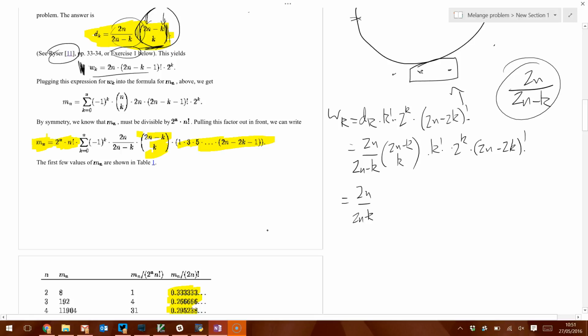I want some brackets around this so that I can say 2n minus k factorial over k factorial times 2n minus 2k factorial, times k factorial times 2 to the k times 2n minus 2k factorial. Look, stuff cancels. Wow.